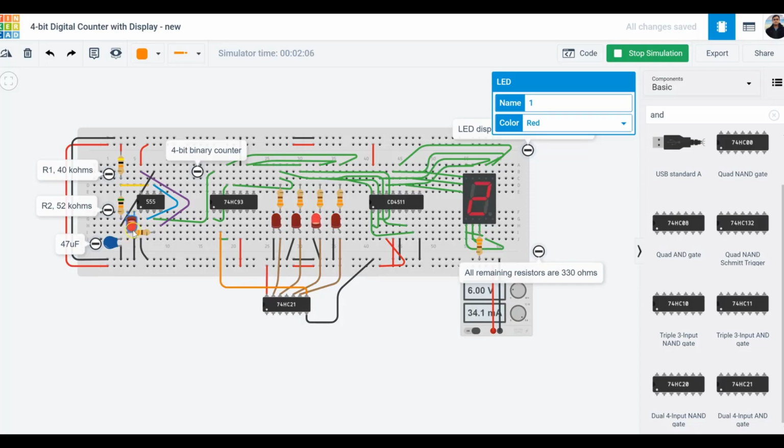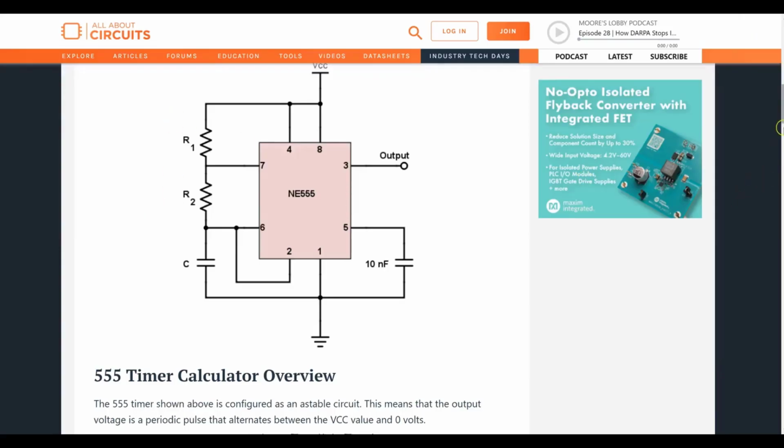But if you notice over here, the amount of time it's high, it's 63%. Remember we did that, the high time was 63%, and the time the LED is off is actually 38%. 63, let me go back actually. What were those numbers?